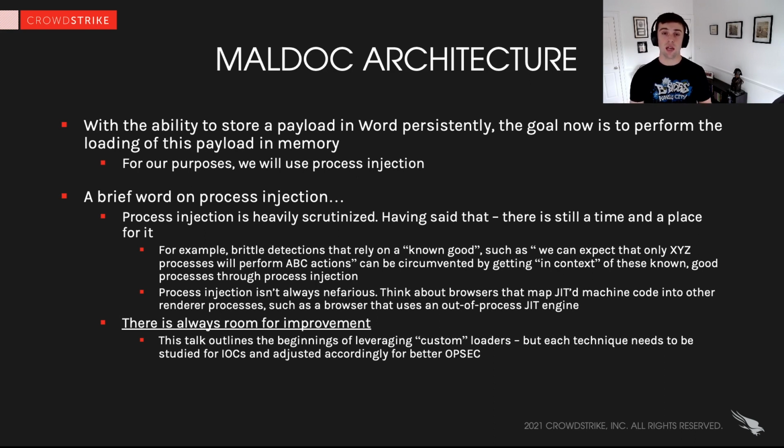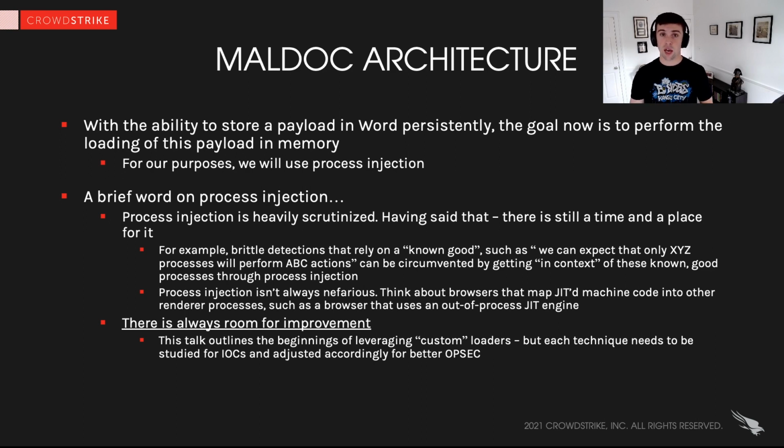So for instance, if we deem a certain process as always doing something that's benign, which again is not a very good detection, but this is something you do see, if you're able to get in context of this process by performing injection, you then may be able to blend into the environment more readily. And again, process injection is not always nefarious, so there are legitimate reasons why process injection takes place.